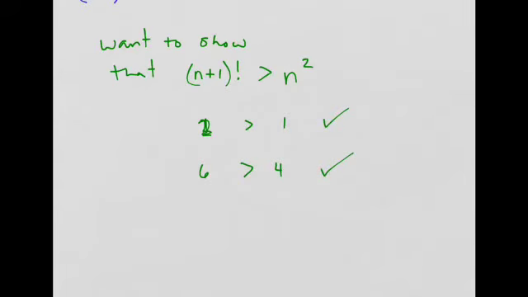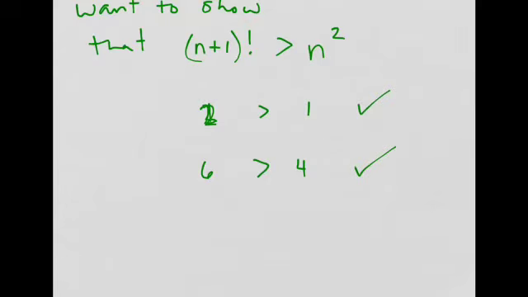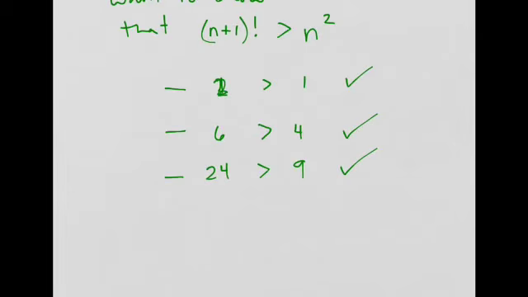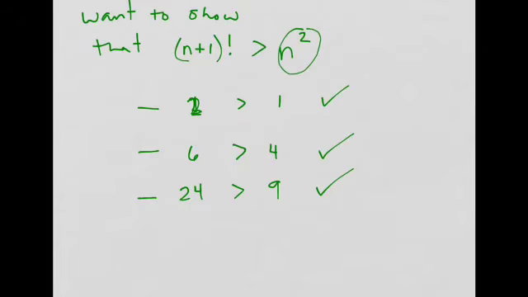So this is n equals 1, n equals 2, n equals 3. So that's 4 factorial. 4 times 3 is 12, times 2 is 24. And plugging in 3, 3 squared is 9. Of course, yeah, this is bigger. Every single time, it's bigger than that.